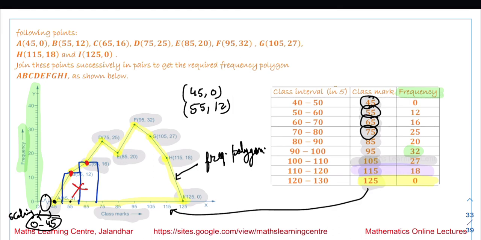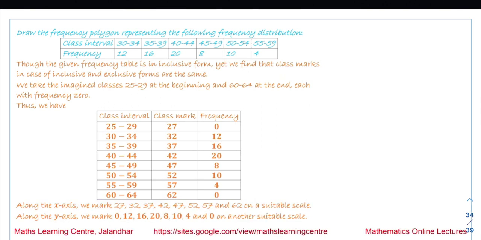Now in this question we are being asked to draw the frequency polygon representing the following frequency distribution. The distribution given over here has class intervals 30 to 34, then 35 to 39, then 40 to 44, then 45 to 49, then 50 to 54 and 55 to 59.